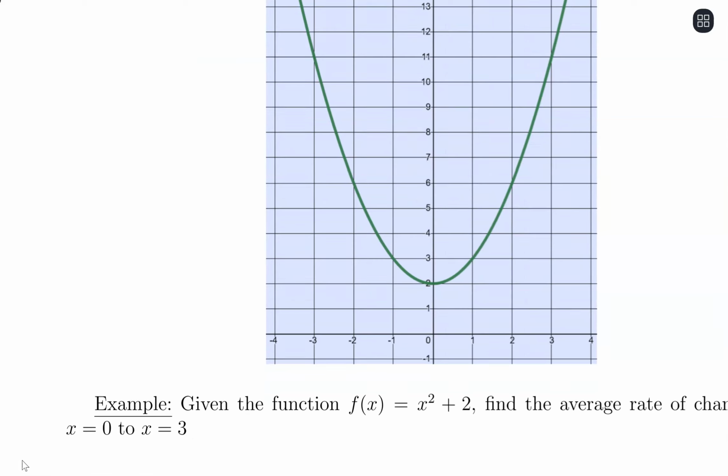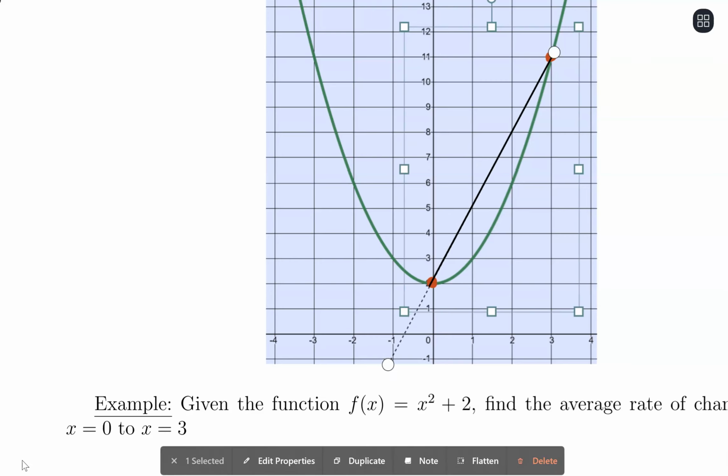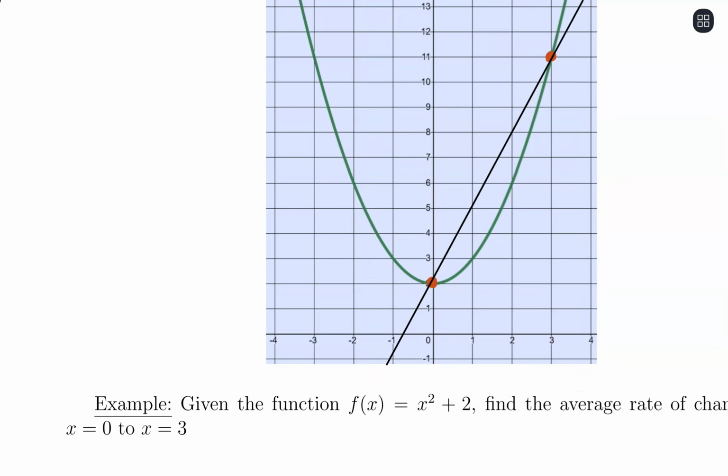If x equals 0, then we're at that coordinate (0, 2) on our graph. And then our second coordinate is when x equals 3, which is up here at the coordinate (3, 11). So we have our 2 coordinates, and the secant line is the line that goes between those 2 points. If I graph a straight line between those coordinates (0, 2) and (3, 11), that right there is the secant line.